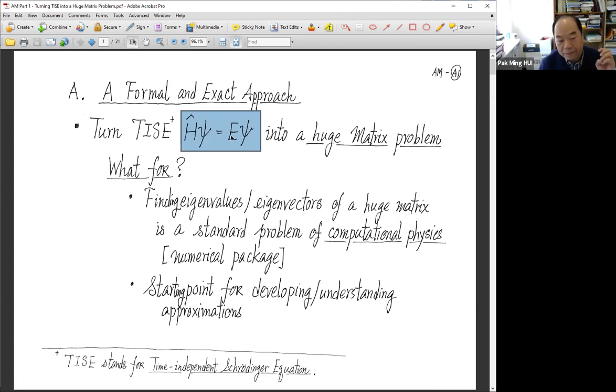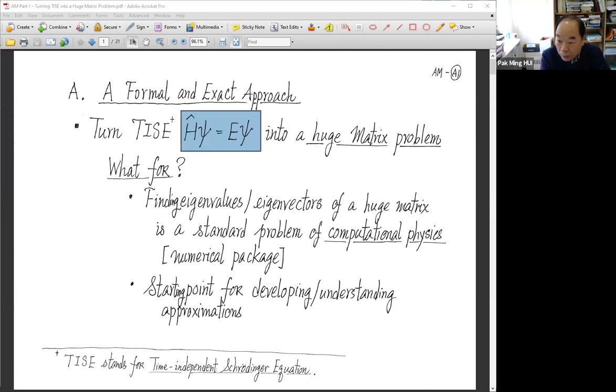But not only that, the Schrödinger equation here also solves for the so-called energy eigenfunction or eigenstate, the phi. So basically, this equation is to solve for many pairs of E and phi. Okay, I type it in the box, all right?